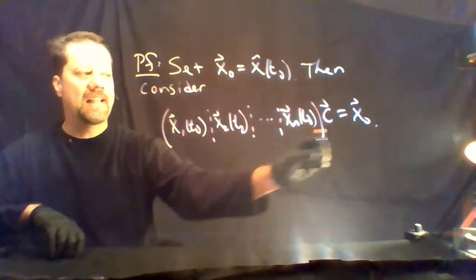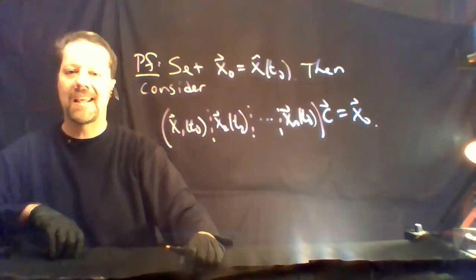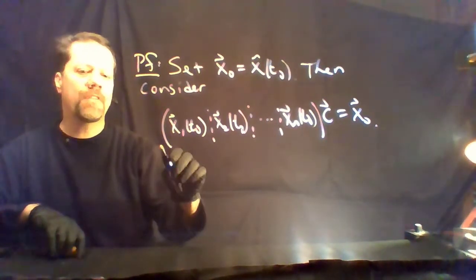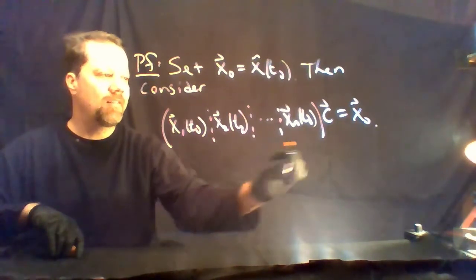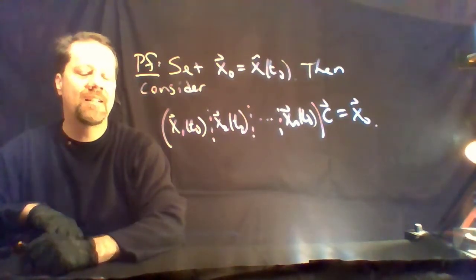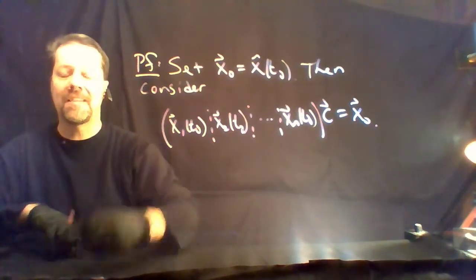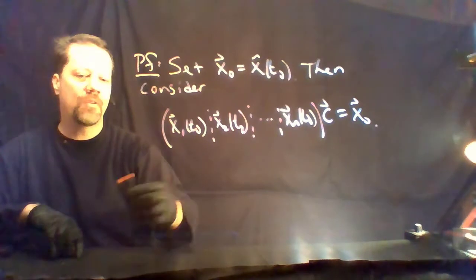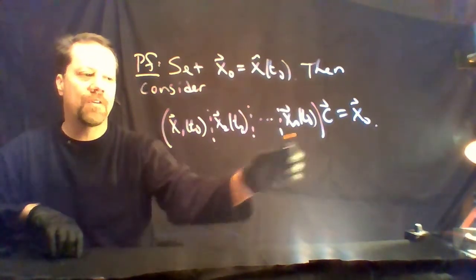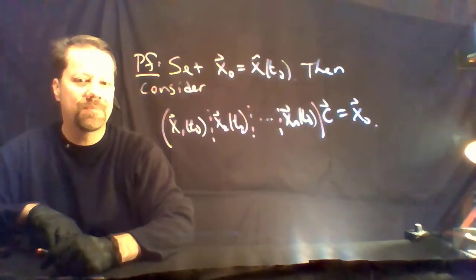This is a linear system of equations for the n unknowns, c. According to a theorem from linear algebra, this system will have a unique solution c if and only if the coefficient matrix has an inverse. Equivalently, if and only if the coefficient matrix has determinant not equal to 0.